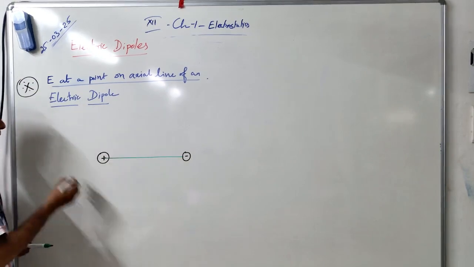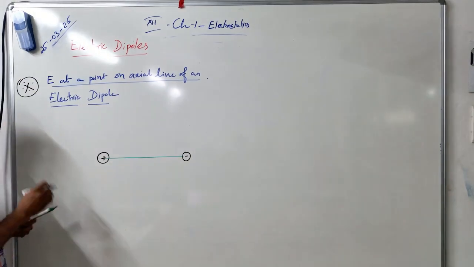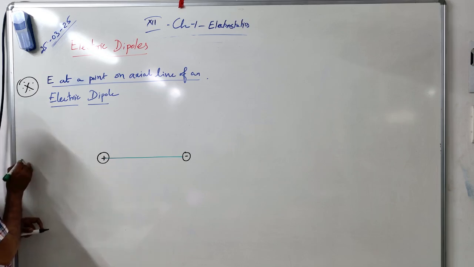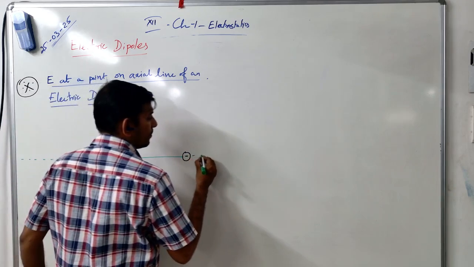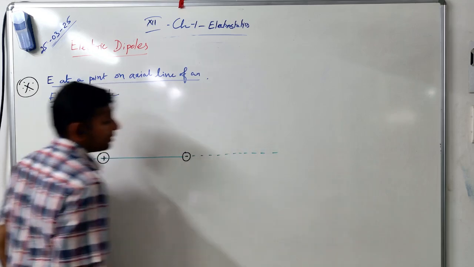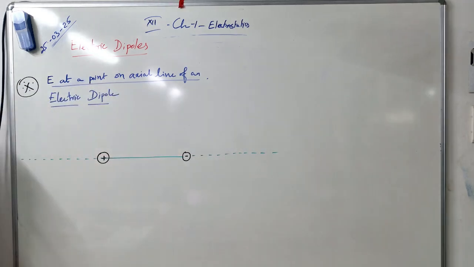And suppose if I just extend this line, what do you call this line? This line is called the axial line.